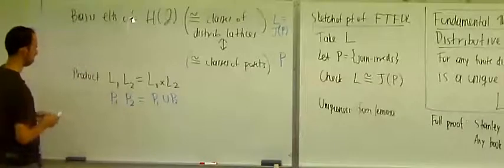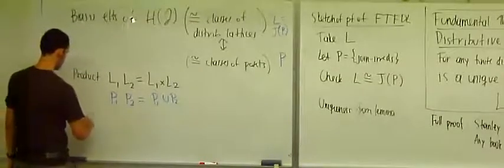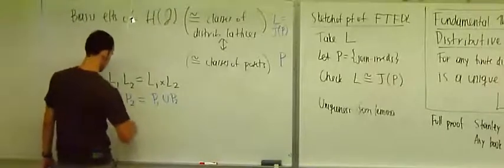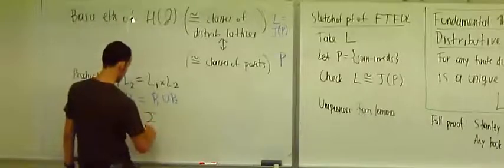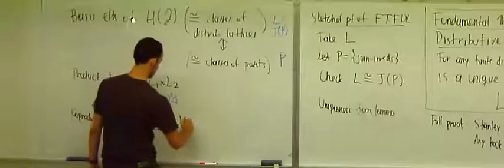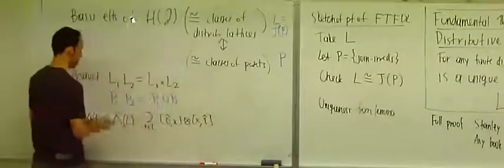Okay. What is the coproduct? Delta of L is the sum over elements x in L of [0,x] tensor [x,1]. Okay. Let's transfer that to poset language.